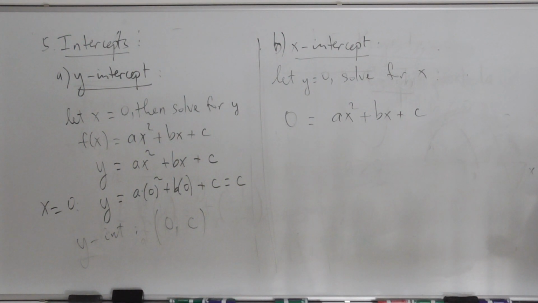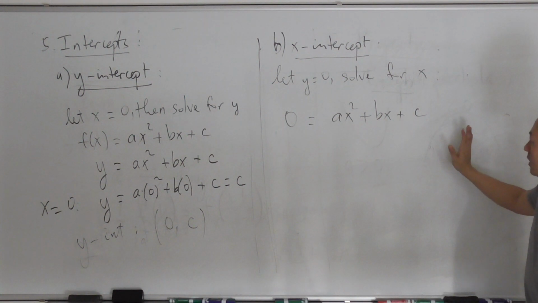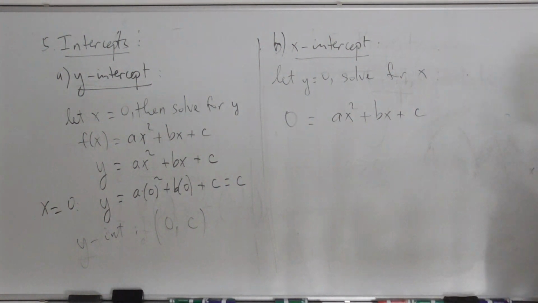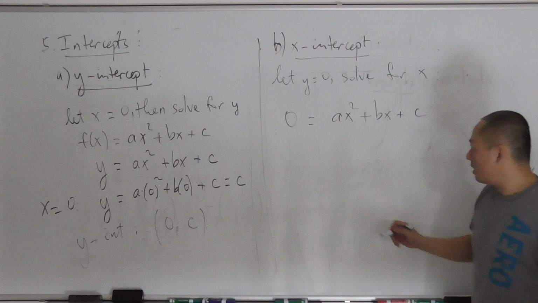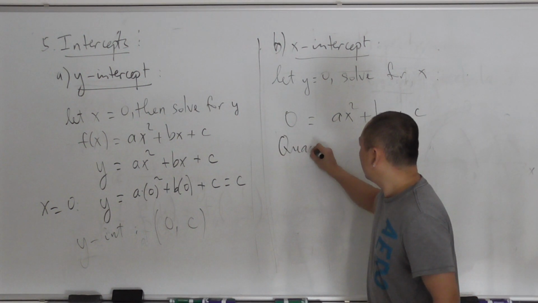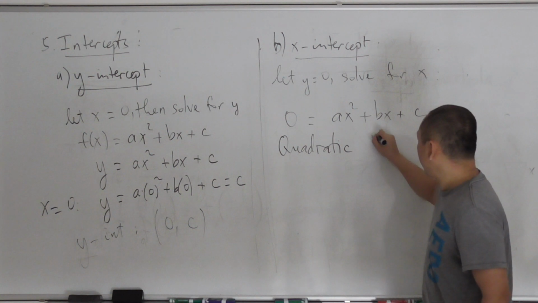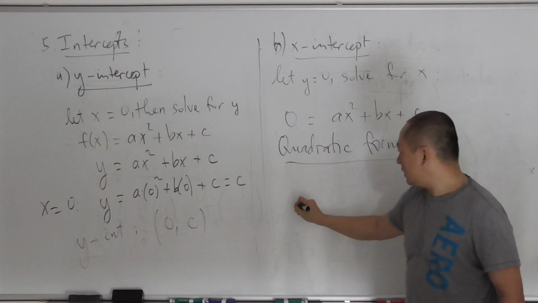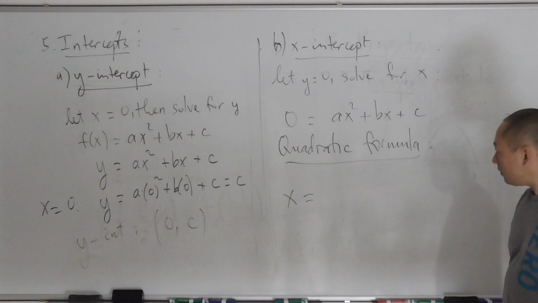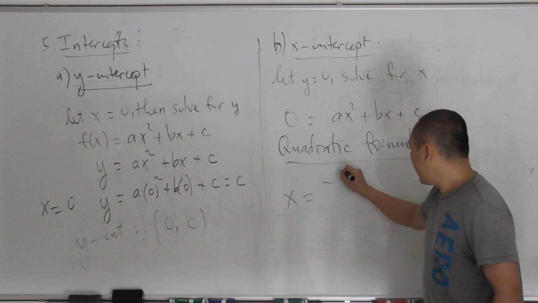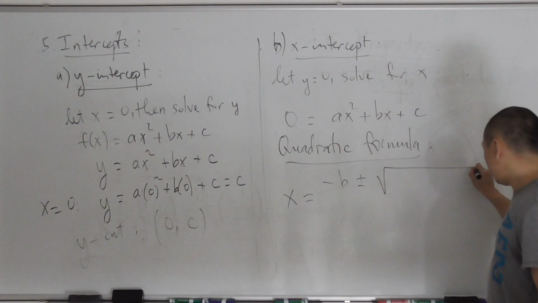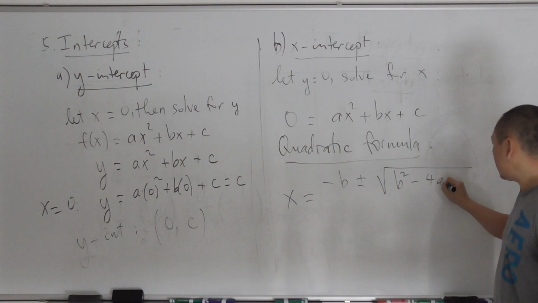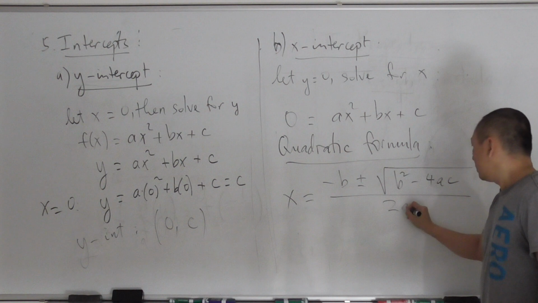Now we have a quadratic equation. Everything on one side and 0 on the other side, we call it a quadratic equation. And we have a very famous formula to solve a quadratic equation, which is called the quadratic formula. The quadratic formula is x equals negative b plus or minus the square root of b squared minus 4ac, all over 2a.